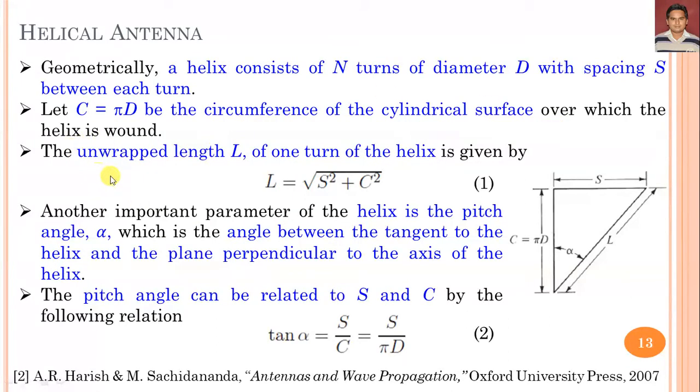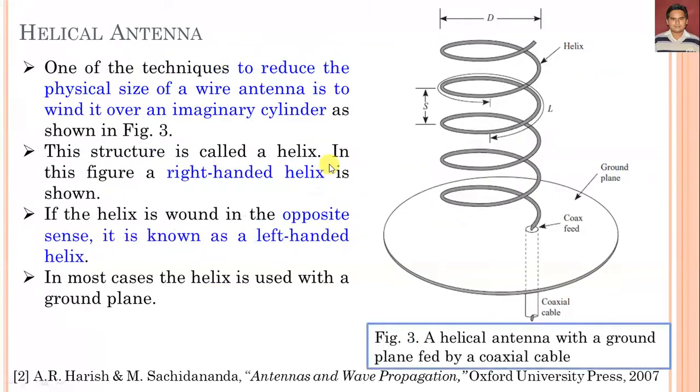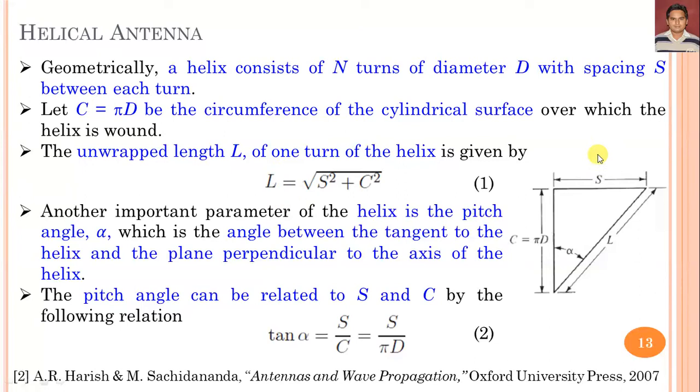So we can calculate the unwrapped length of one turn, as you can see in this figure of a one-turn helix, and we can calculate the one-turn helix length L from this figure. Here you can see the tangential component, and this is the vertical and horizontal. This we have to represent as the spacing between elements, I mean one helix turn is placed at that point and another is placed at that point.